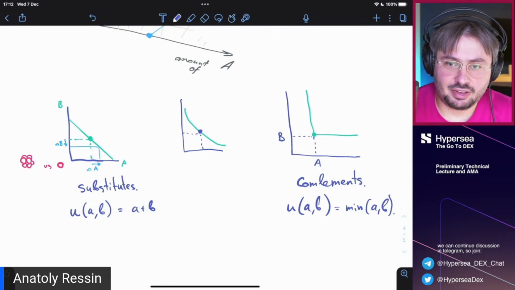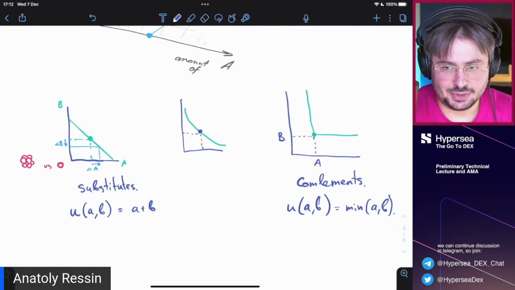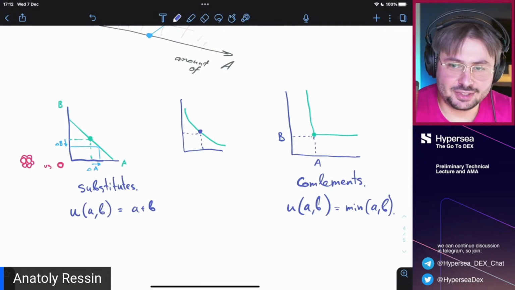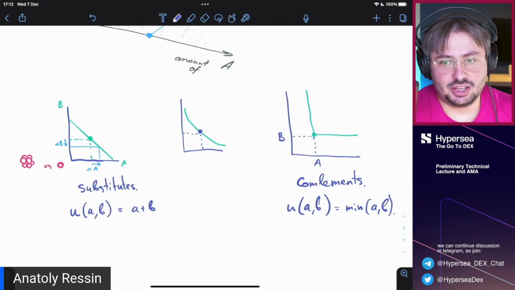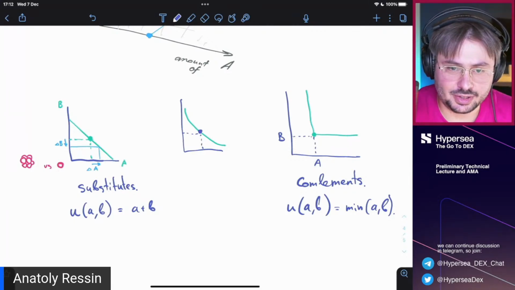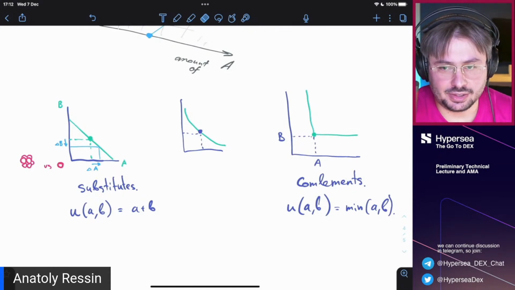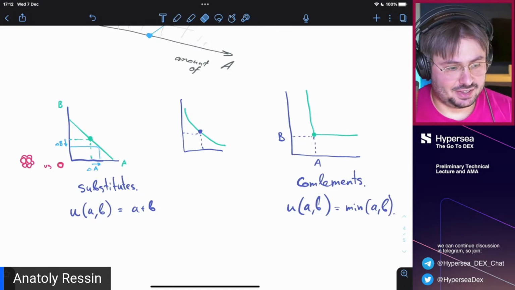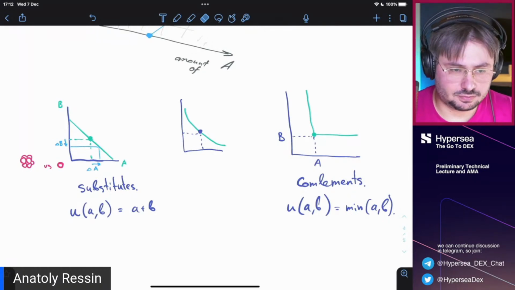So they have a so-called elasticity of substitution. So when you substitute one with another, and then you can change one to another, and it is very well explained by showing you a form of the graph.